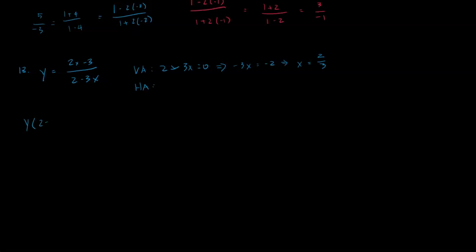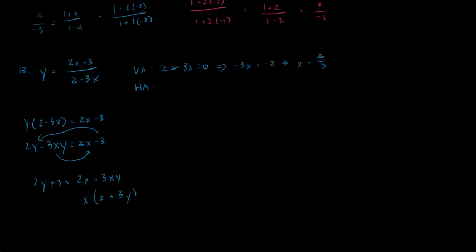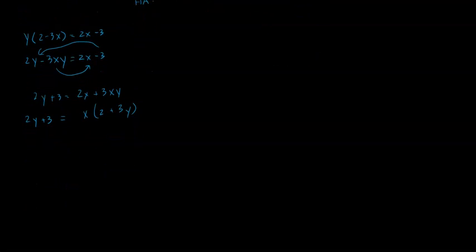Horizontal asymptote, let's go ahead and solve. x times 2 minus 3x equals 2x minus 3. 2y minus 3xy equals 2x minus 3. Okay, I'm going to move this to this side and that to that side because I don't like negatives. 2y plus 3 equals 2x plus 3xy. x times 2 plus 3y equals 2y plus 3.